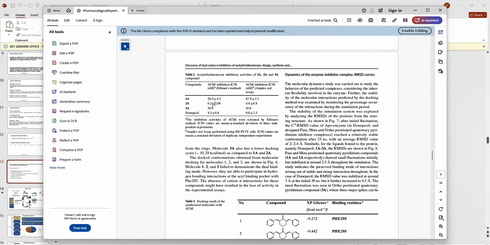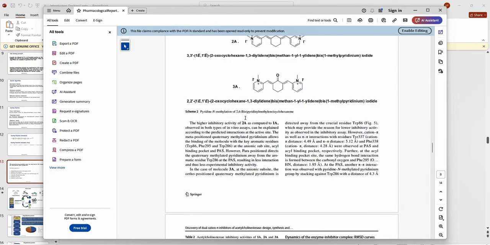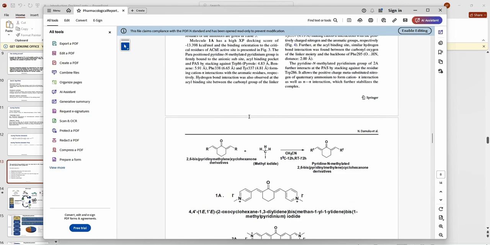So the important thing I want to tell you here is that this molecule, though it shows high binding affinity, both predicted and experimental, better than the drug molecule itself, is not able to cross the blood-brain barrier.